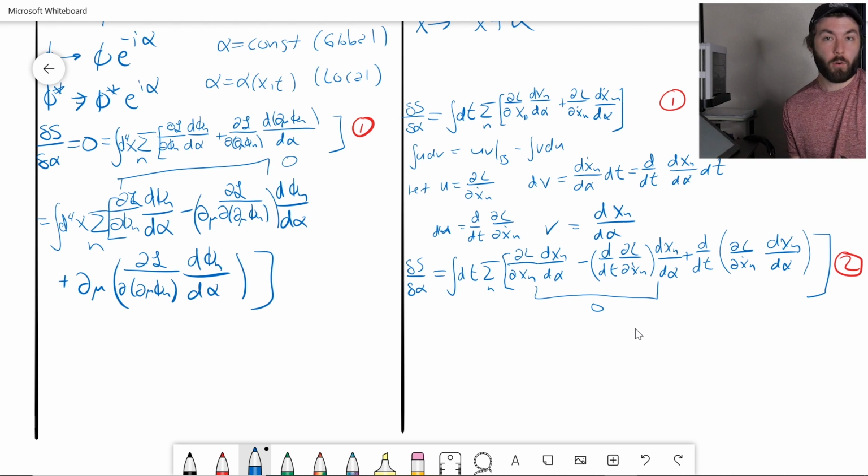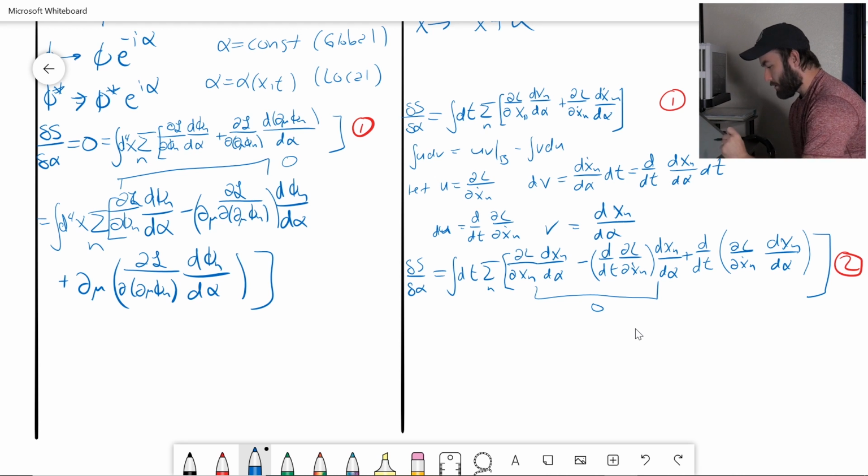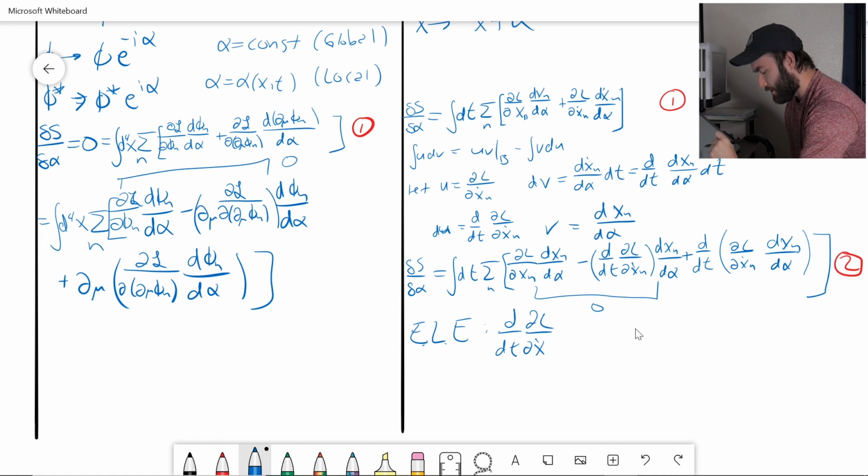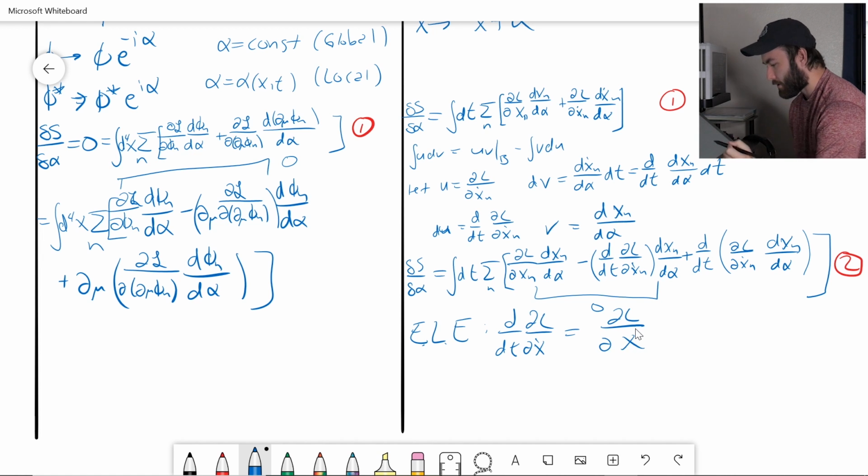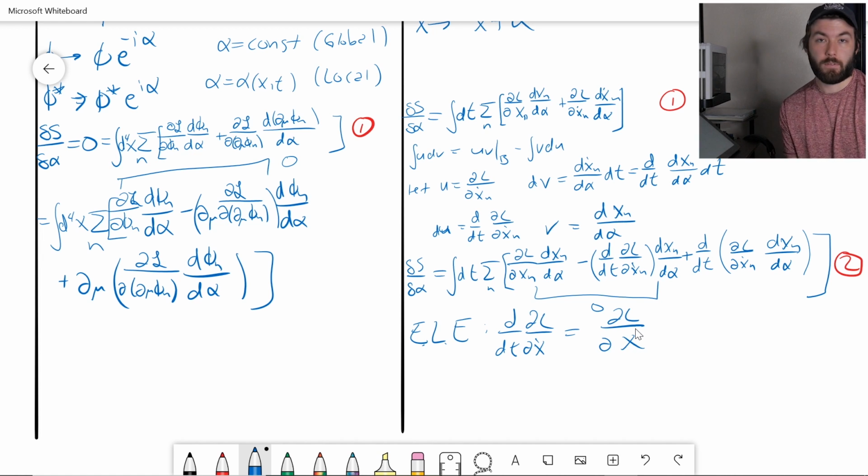And why? Because of the Euler-Lagrange equations. They're equal to each other. So the Euler-Lagrange equations, everybody love everybody. We have d/dt of dL/dx dot is equal to dL/dx. That's the Euler-Lagrange equation for the x direction.